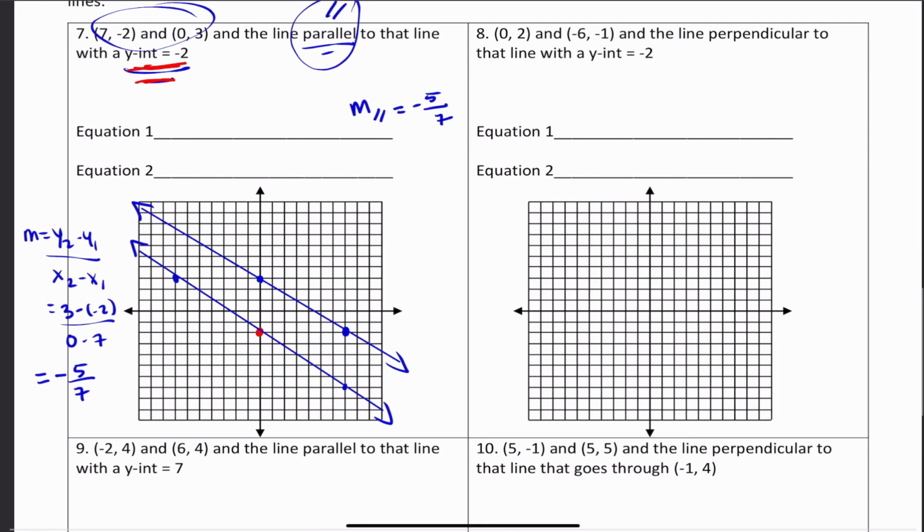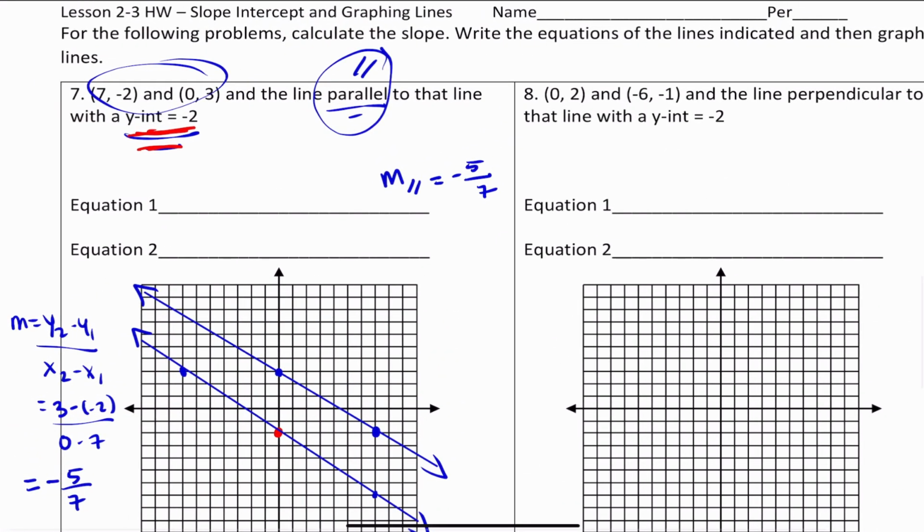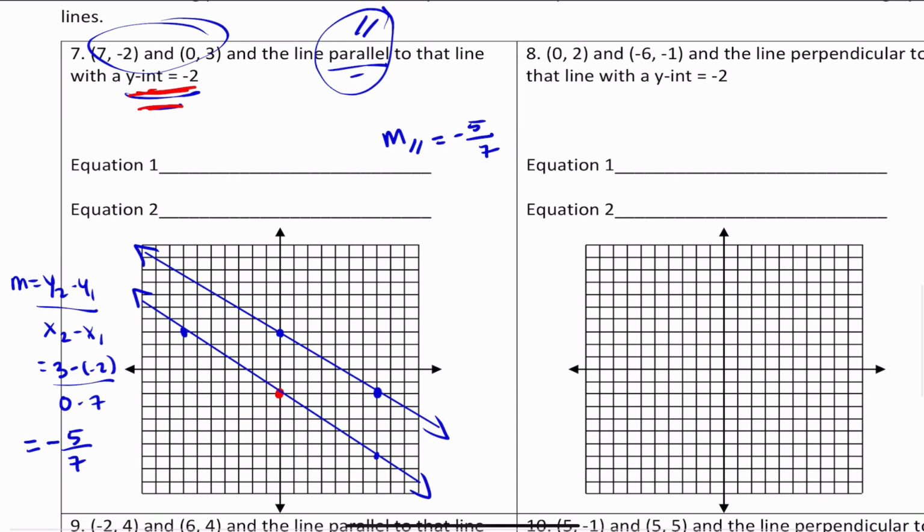So now I need to figure out the 2 equations. If we look right here, this first line already has a y-intercept. This is my b. So b is equal to 3 here.